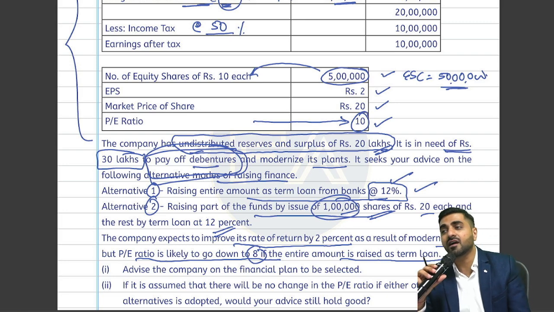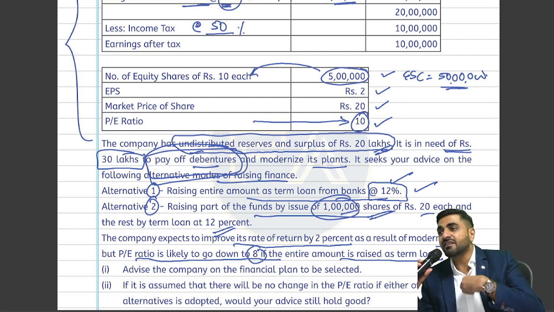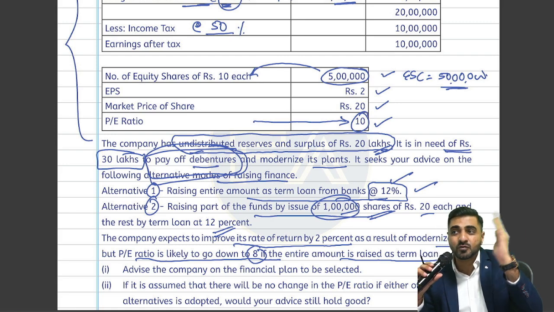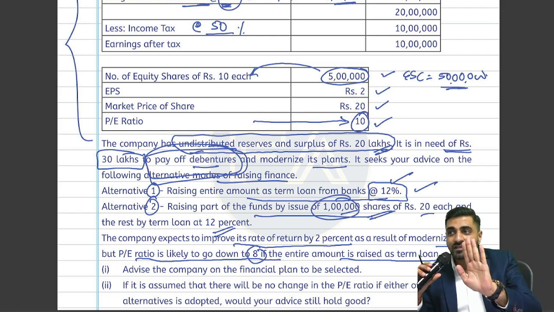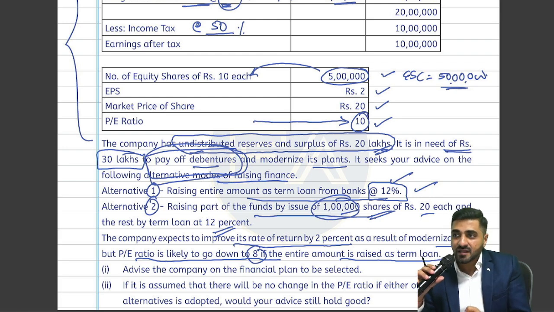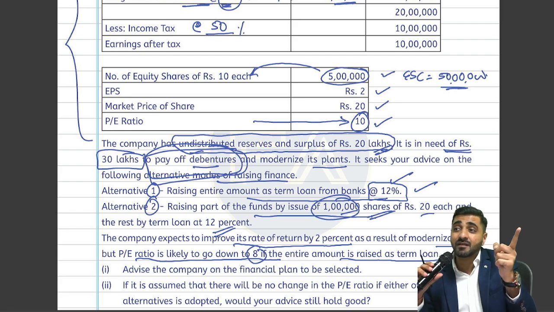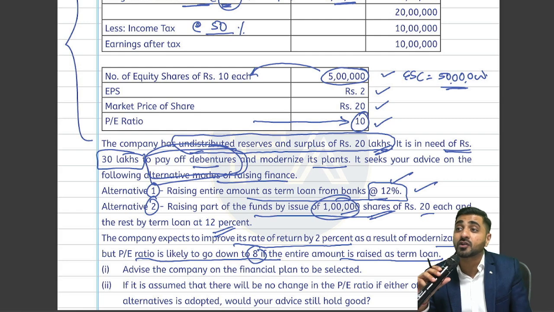But see, whenever someone is investing by subscription, why will he? So right now he is purchasing it at 20 rupees. But after expansion, the market price of the equity share will become 20 or it will become 24? 24.2, na?